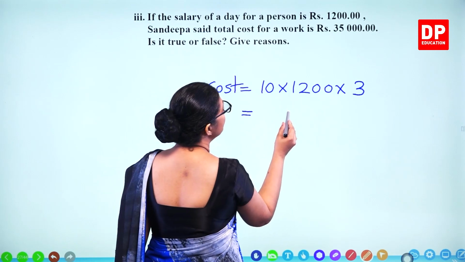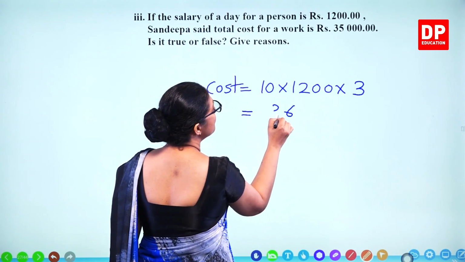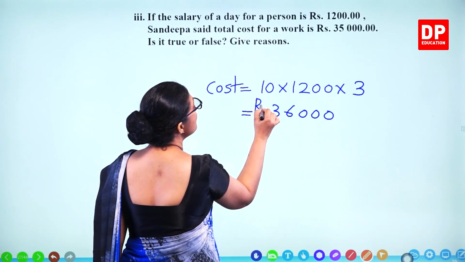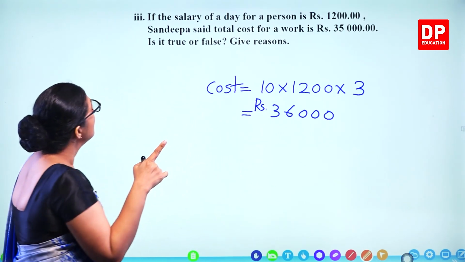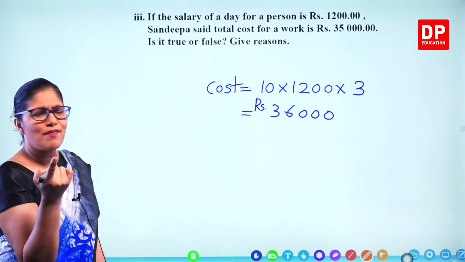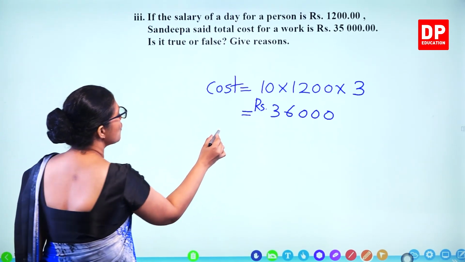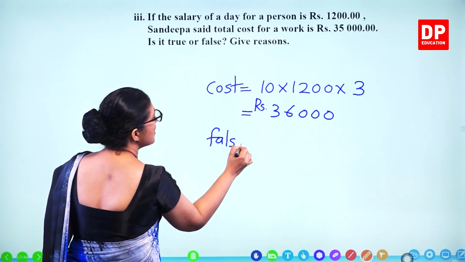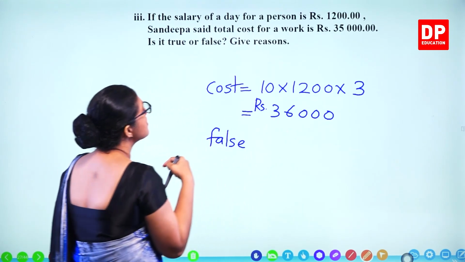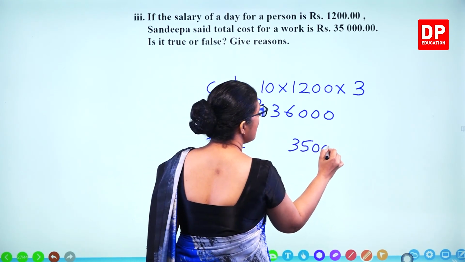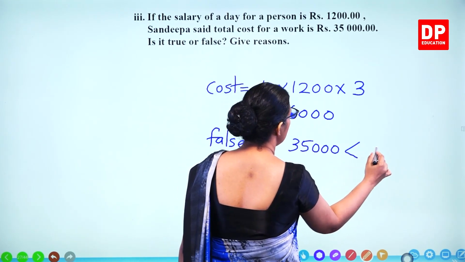So what's the value? 36 and 3 zeros. So 36,000 rupees. But Sandeepa says that's 35,000 rupees. That's false, because this is 36,000 rupees. So 35,000 rupees is not enough.